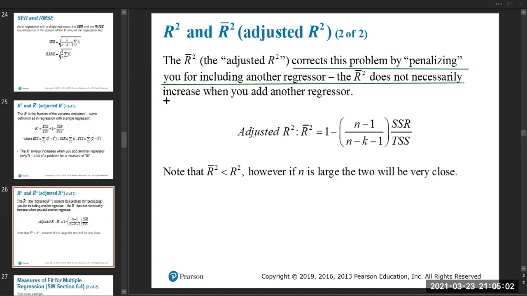Adjusted R square does not necessarily increase when you add another regressor. This part is required. If you add another new piece of information, as long as it's not exactly 0, then R square will always increase. But adjusted R square will not always increase, because it penalizes you for adding another regressor.